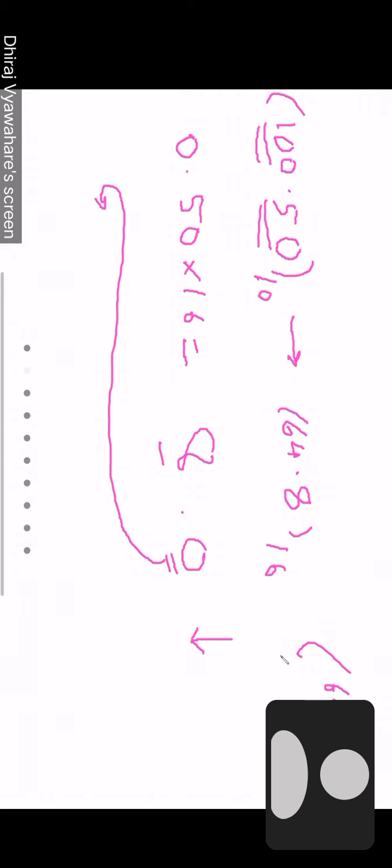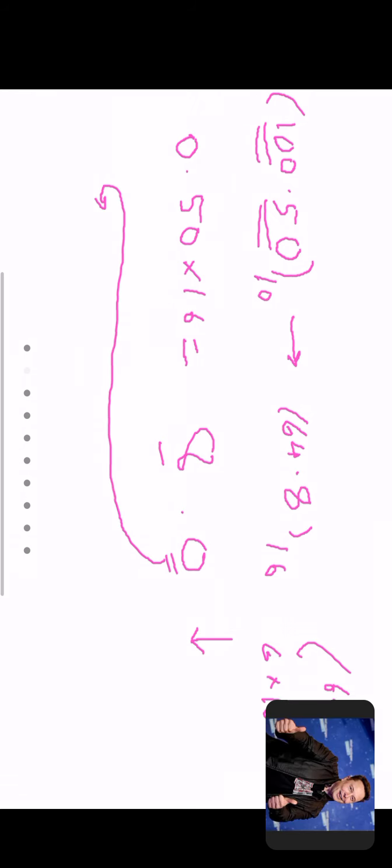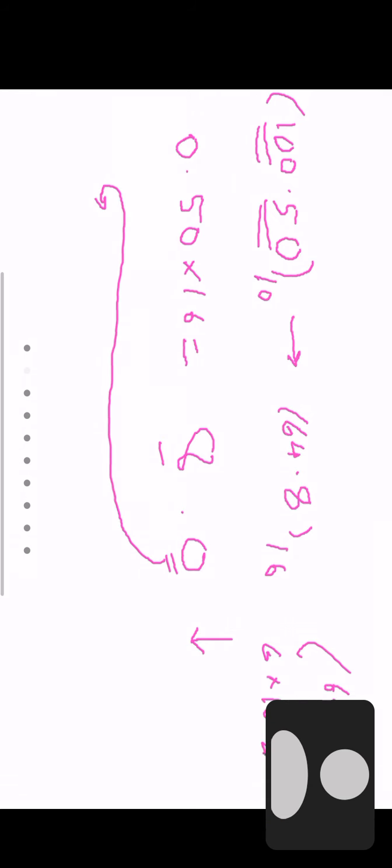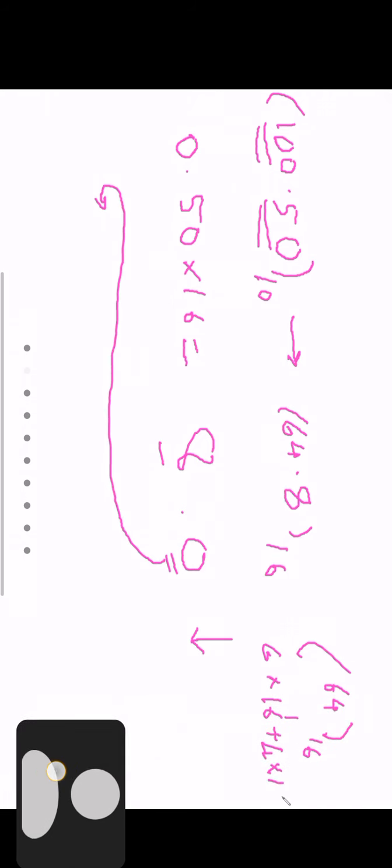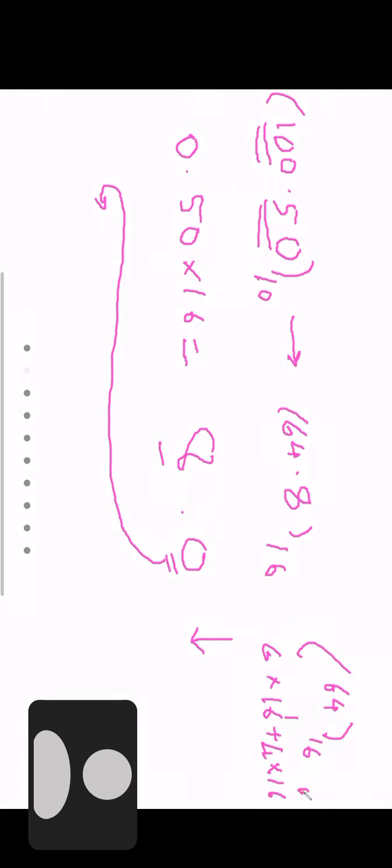That is 6 into 16 raised to power 1 plus 4 into 16 raised to power 0. That comes out to be 16 sixes are 96 plus 4. That comes out to be 100. But what about 0.8? 0.8 into 16 raised to power minus 1.